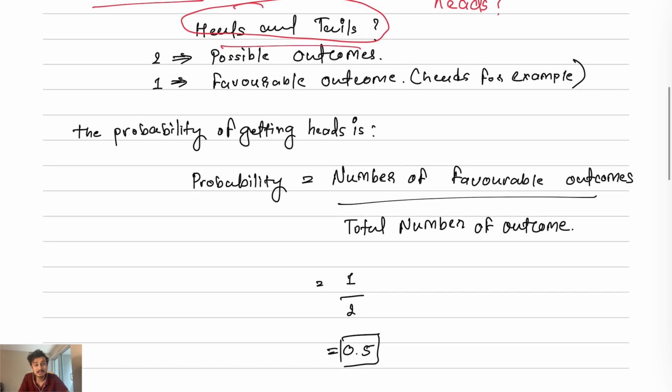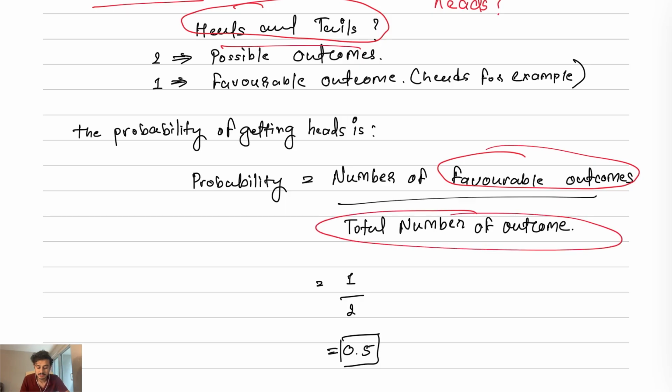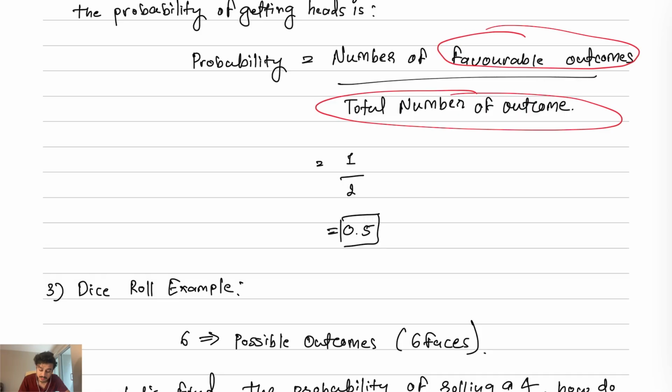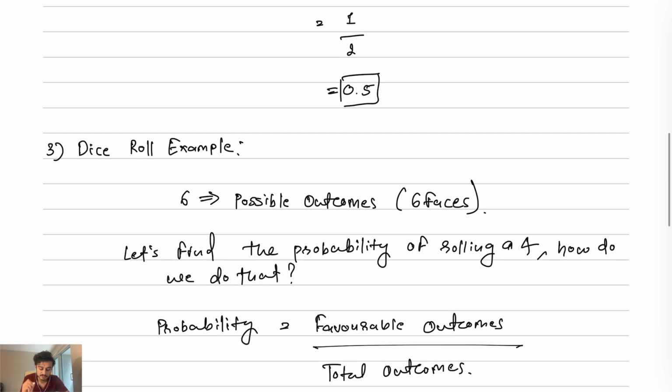So the formula is like this: probability is equal to the number of favorable outcomes divided by the total number of outcomes. So 1 is our favorable outcome. Our question was what percent chance there is that we can get heads, right? And the total number of outcomes was 2. So 1 by 2 is equal to 0.5, right?